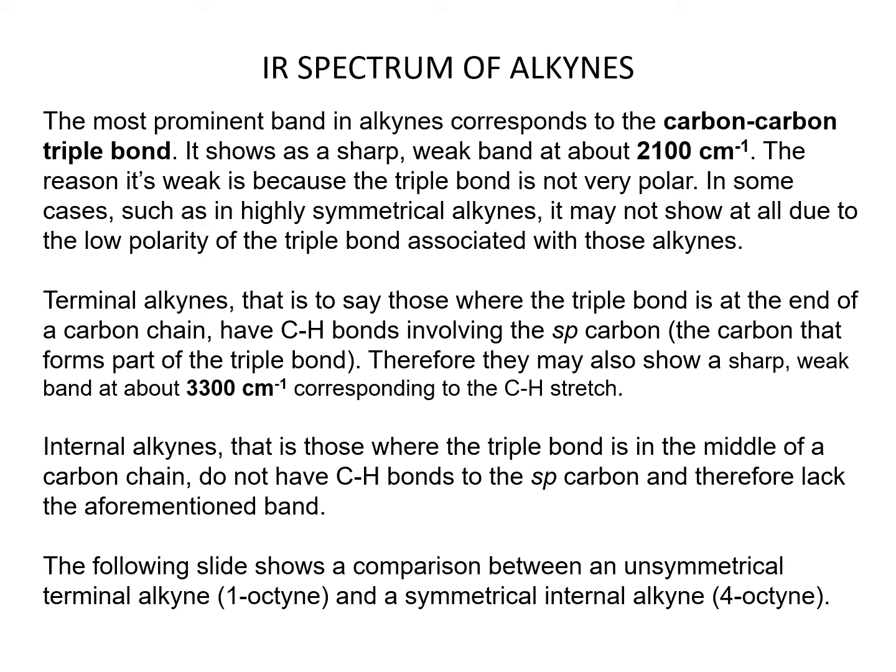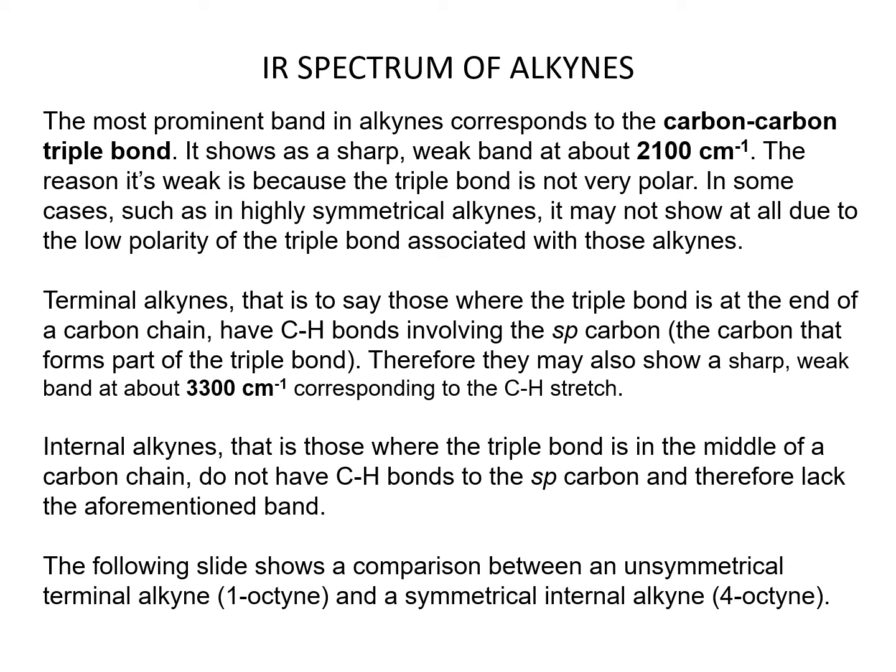So the main difference is if you have a terminal alkyne, where one of those carbons is at the end of the molecule and there's nothing else, or just hydrogen. Therefore, it's just a standard sp carbon. Now these also have a sharp weak band because it is still a triple bond, so it's very nonpolar. But this is going to be around 3,300 wave numbers, and that's in the CH stretch range.